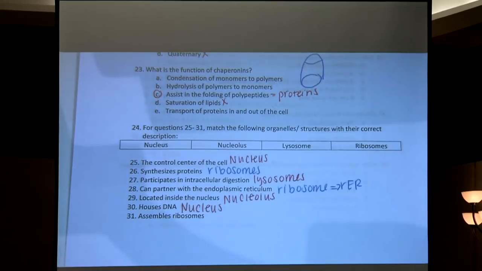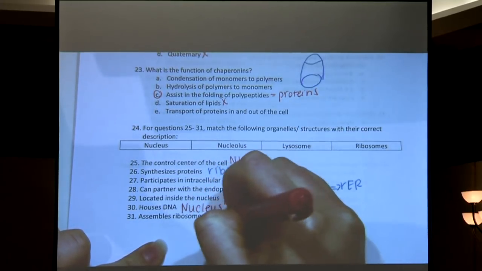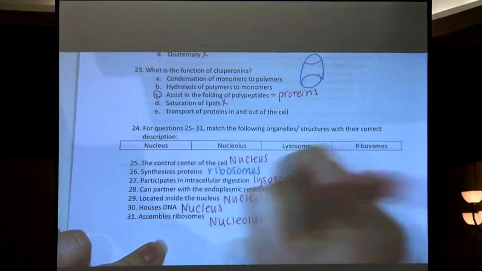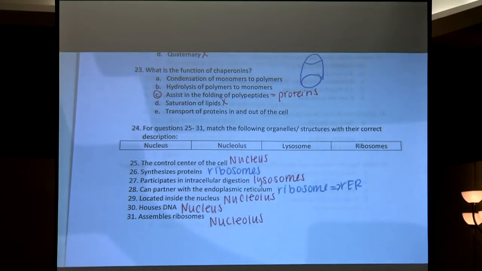And then, which helps assemble ribosomes? All right, so this one's a little more not commonly talked about. So the assembly for our ribosomes is going to be our nucleolus. All right. So in that case, we can also assume our ribosomes are created inside the nucleus. All right. So from there, they're either going to attach to the rough ER or be free ribosomes.